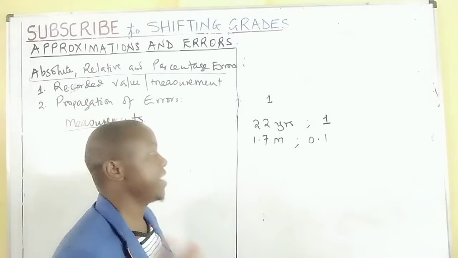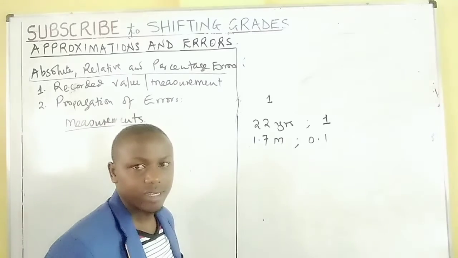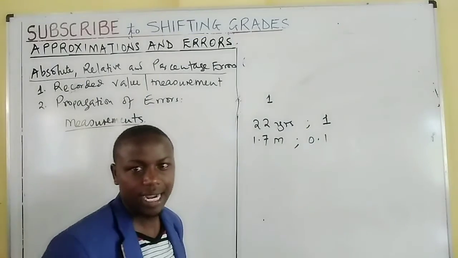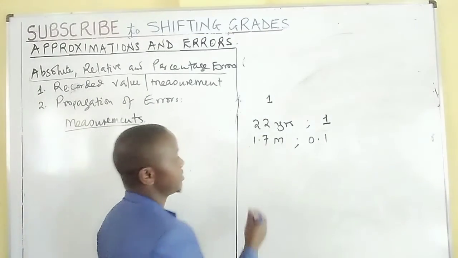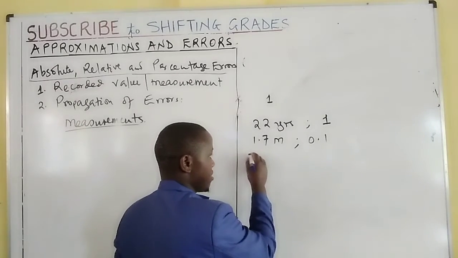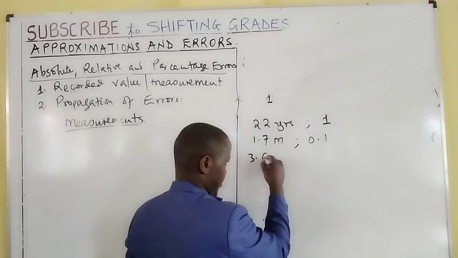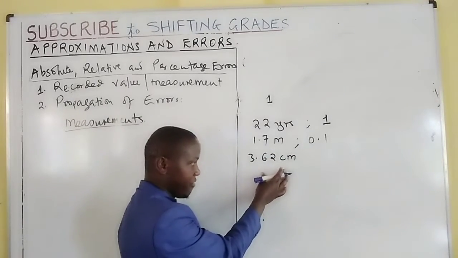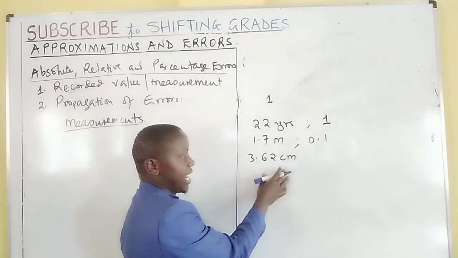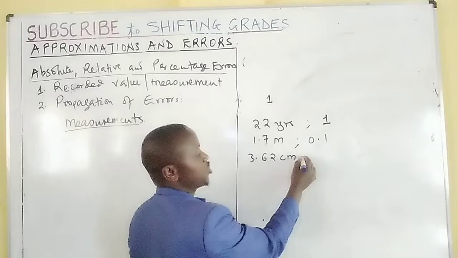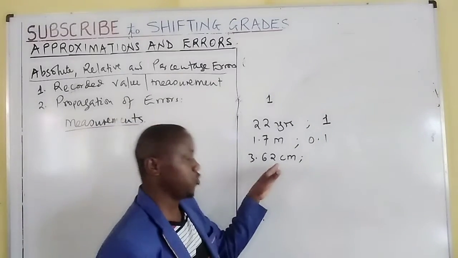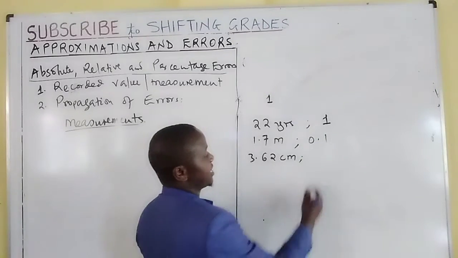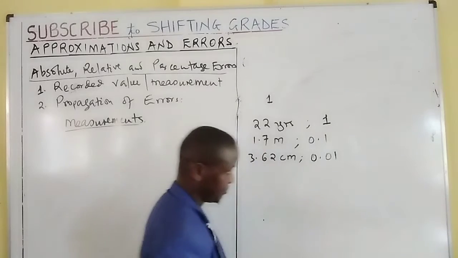When we say the radius of a ball bearing recorded by a vernier calipers is 3.62 centimeters, this one has been recorded to an accuracy of 2 decimal places, and we say that it is to an accuracy of 0.01.